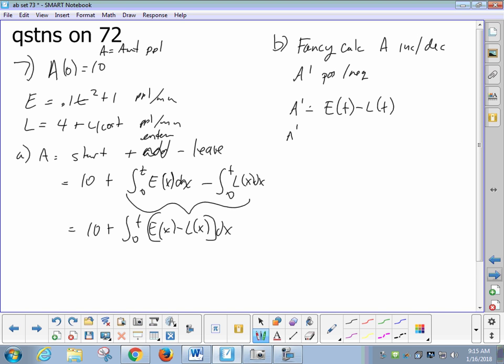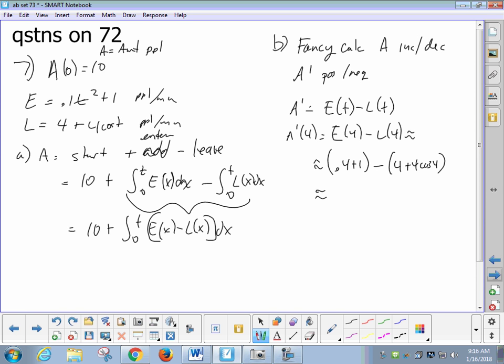So A prime at 4 is E at 4 minus L at 4, which is 0.12 times 4 squared plus 1, minus 4 plus 4 cosine 4. I have no idea what that is.